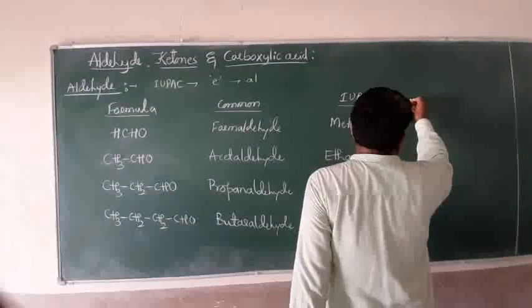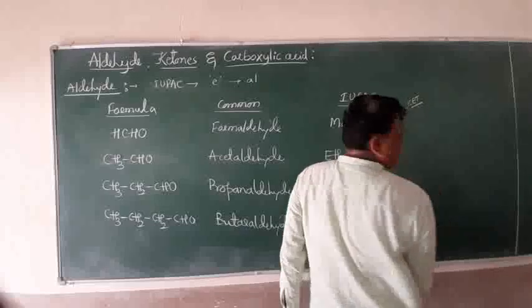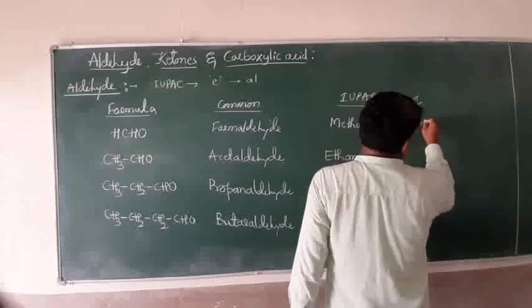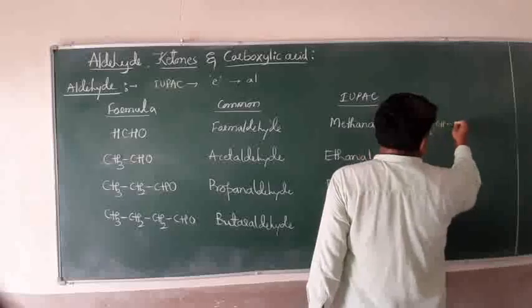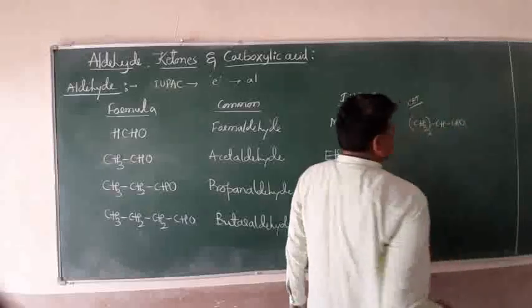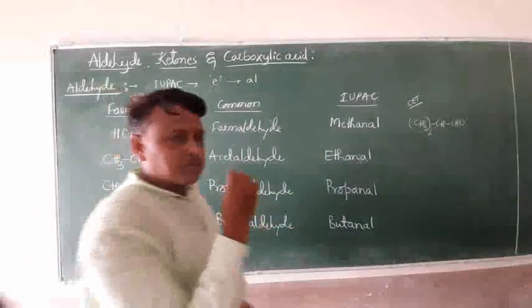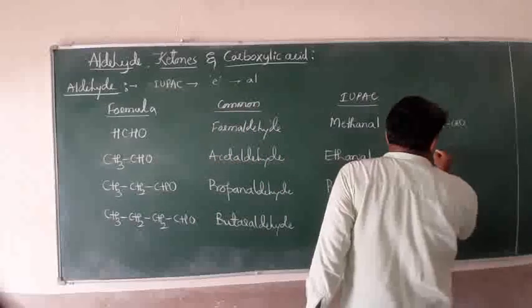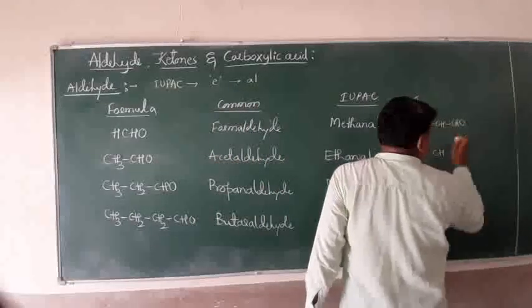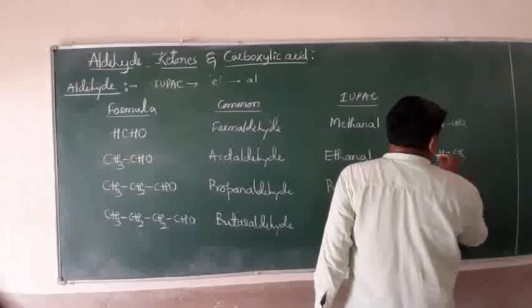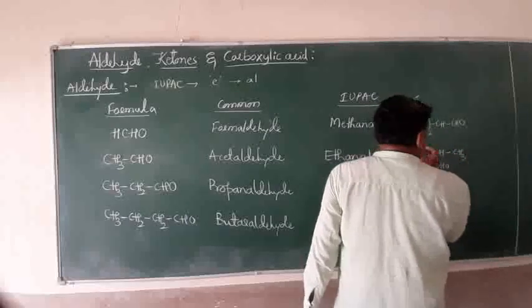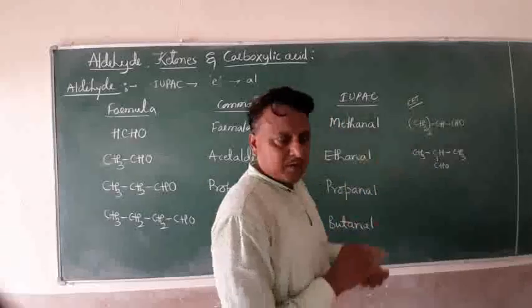In your CET or competitive exam, I have a simple question: (CH3)2CHCHO. What is the IUPAC name of this compound? First, you have to write the skeleton structure. This is a CH with the functional group CHO attached and 2 CH3, the 2 methyl groups.